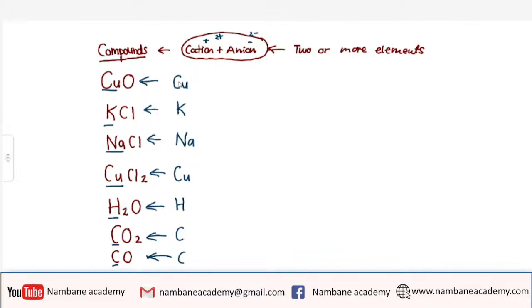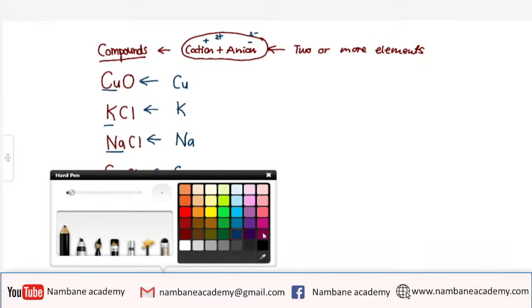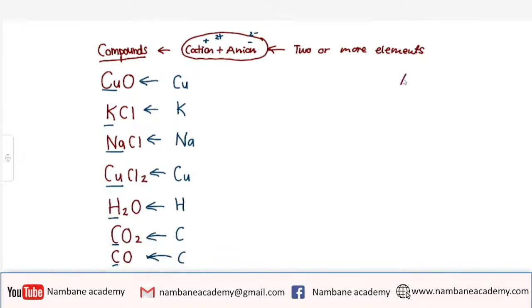So now I said to you, it's easiest to first start with your anions because there are few to remember, right? So if you go and sit and study your anions, you will see that you have oxide, right? Oxide is -2. Chloride is -1, right?